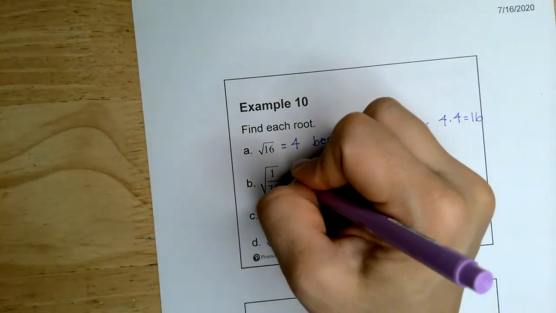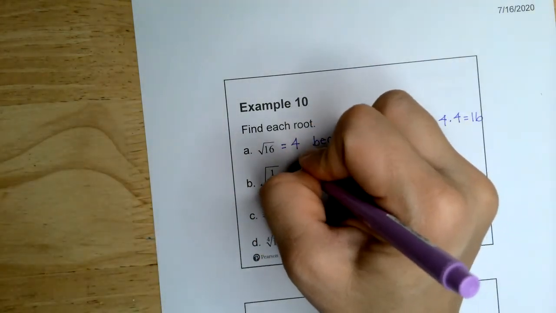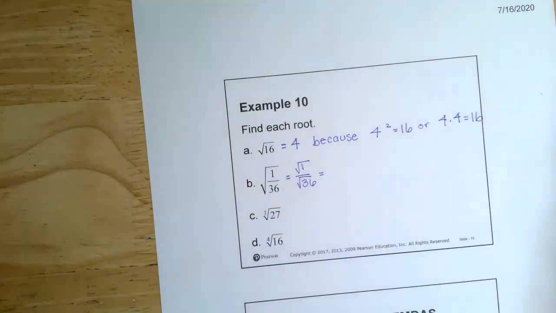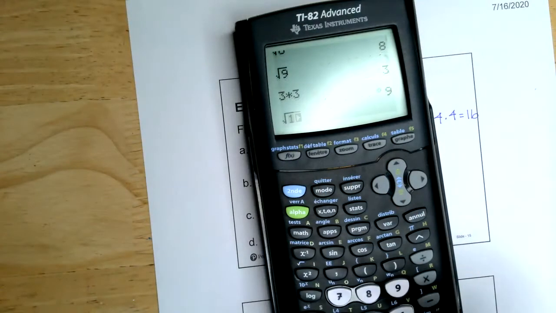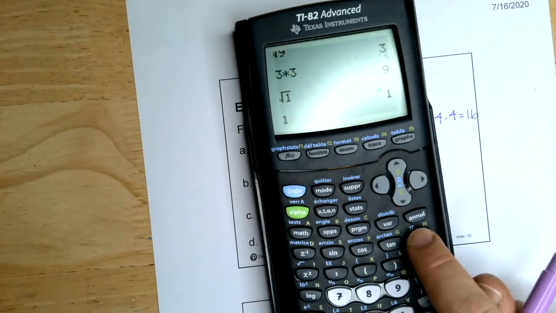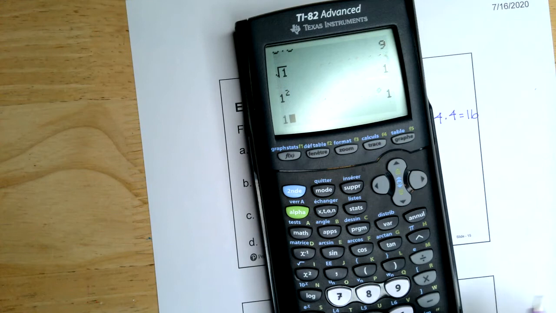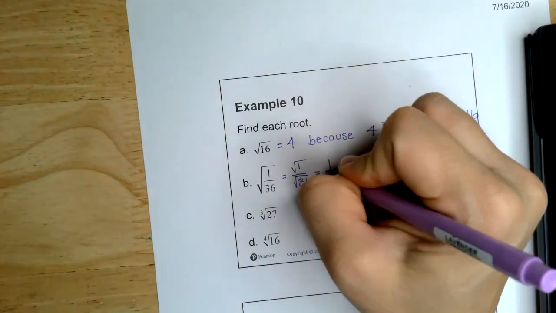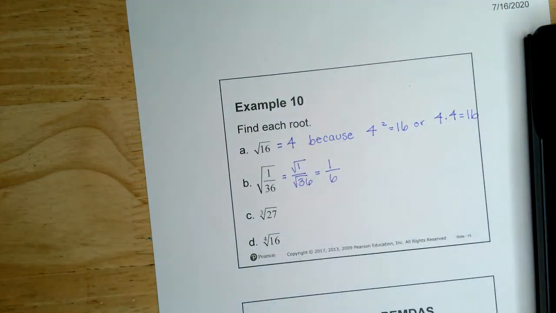The square root of 1/36, you can treat that as 2 different square roots, square root of 1 over the square root of 36. The square root of 1 is actually 1, because 1 squared is 1. 1 times 1 is 1. And then the square root of 36 is 6, right? 6 times 6 is 36.